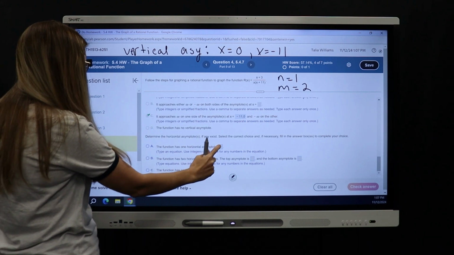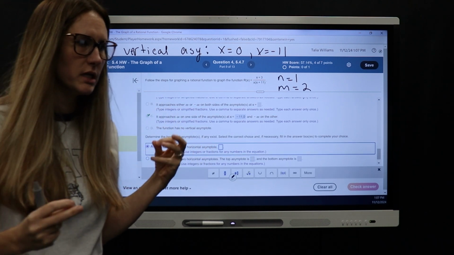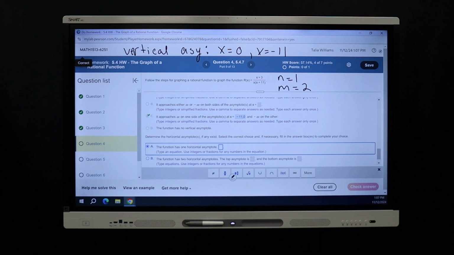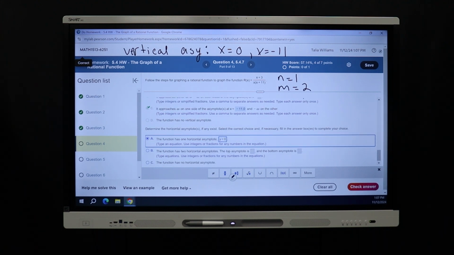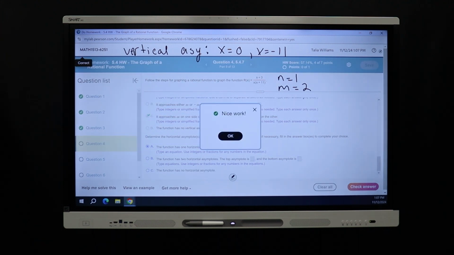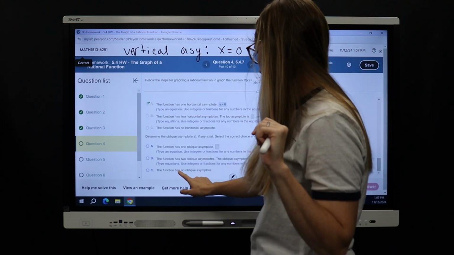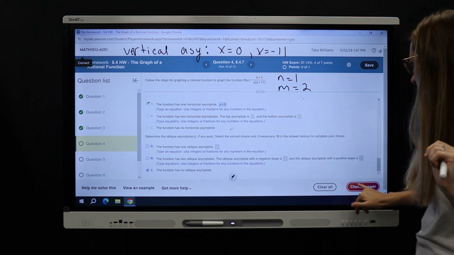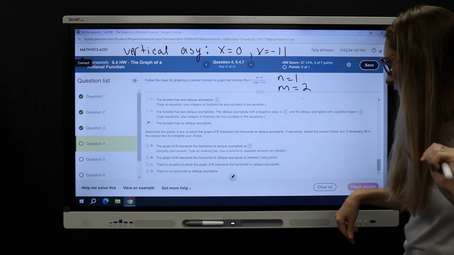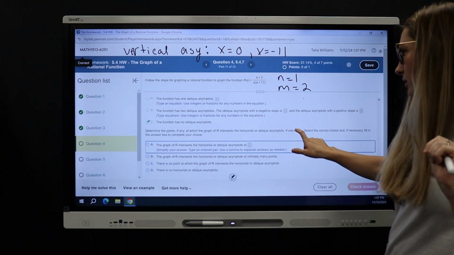So one horizontal asymptote, remember you have to type the equation, so y equals 0. And since we have a horizontal, we do not have an oblique because you have one or the other, not both.